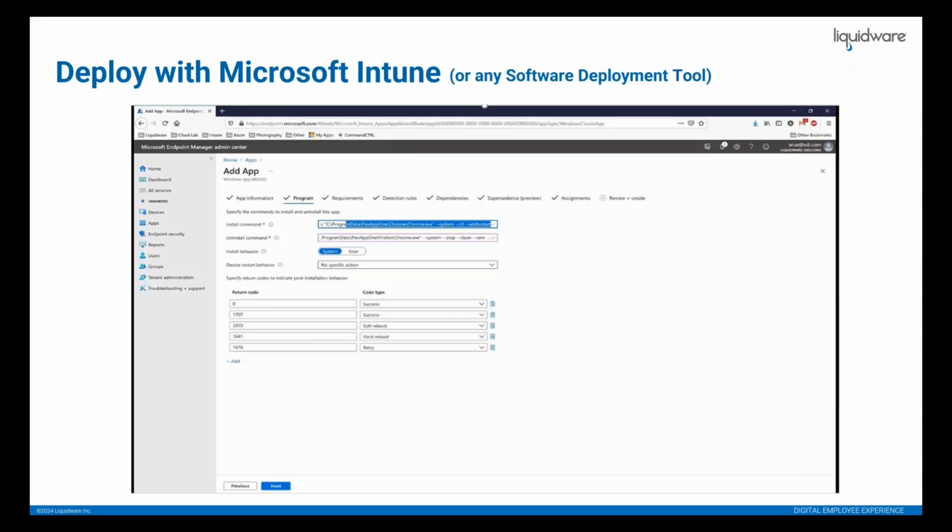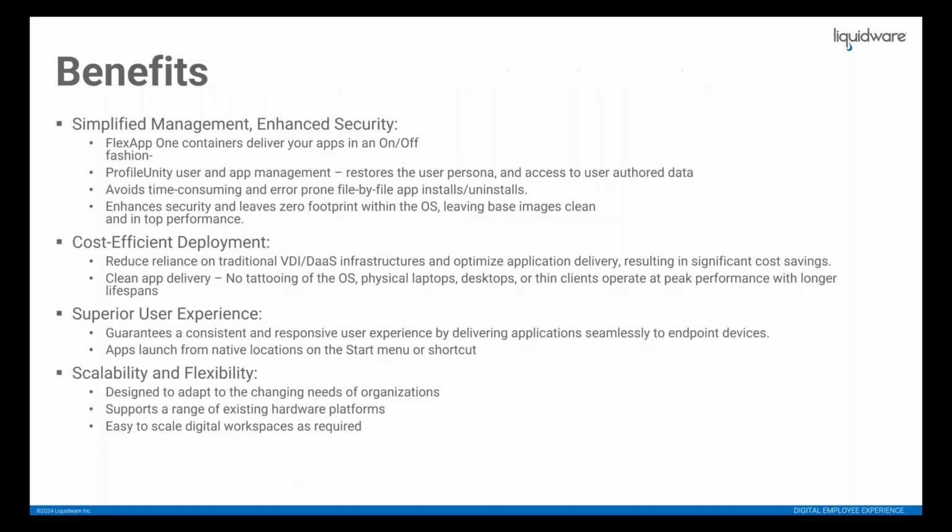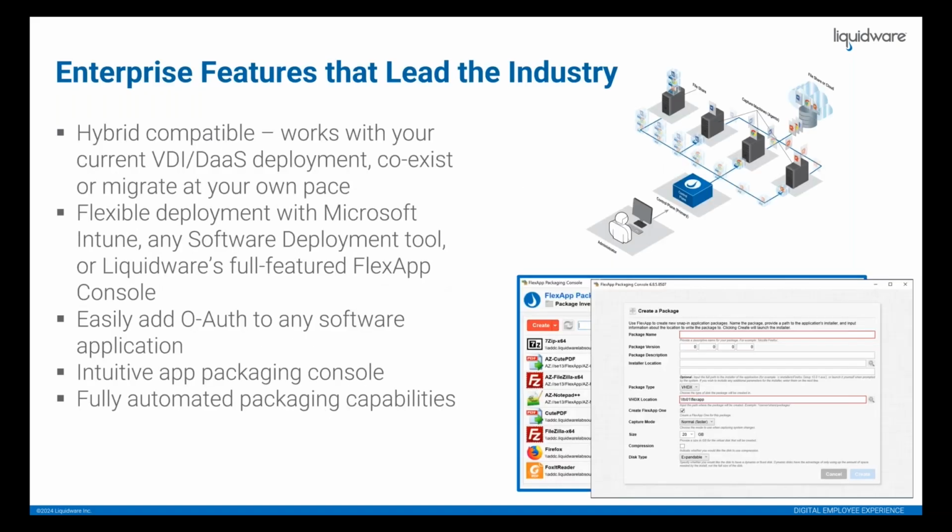And of course, if you want to use different solutions to deploy this, like Microsoft Intune, a single line will help deploy as well as uninstall your applications. So you get simplified management, enhanced security, cost-efficient deployments, superior user experience, scalability, and flexibility all at the same time.